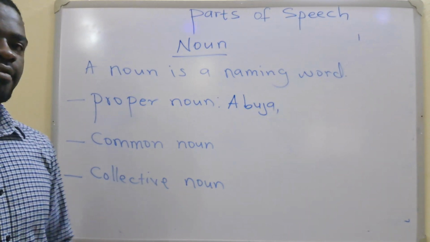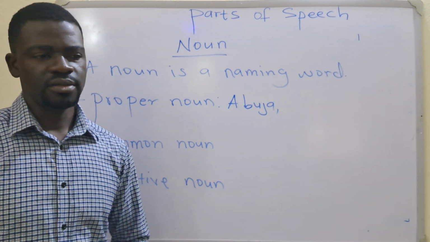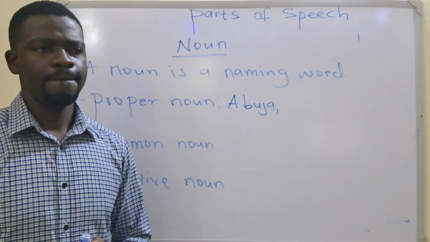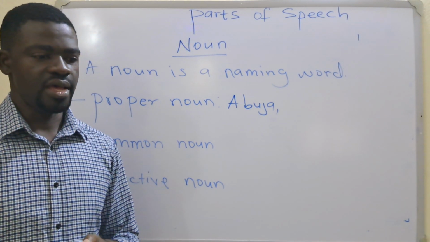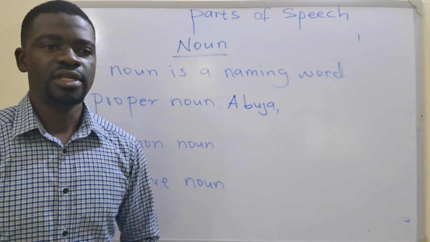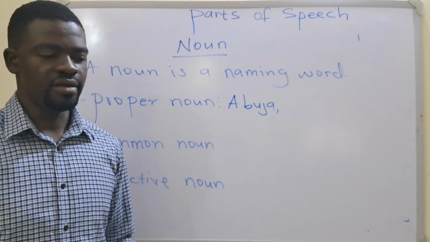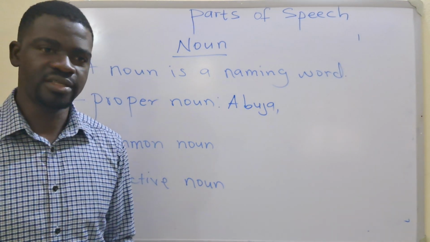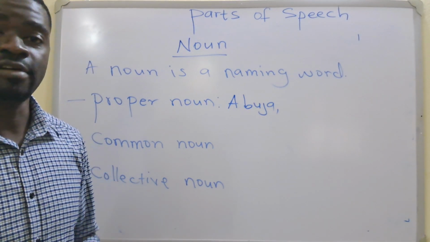You also have natural features, say rivers, lakes, mountains, and forests. All of these are proper nouns if they have particular names. For example, if you have forest, just forest, that is not a proper noun because it could be any forest.